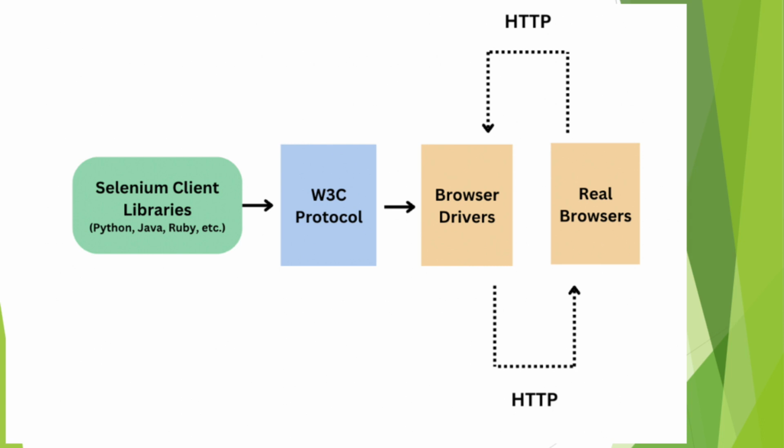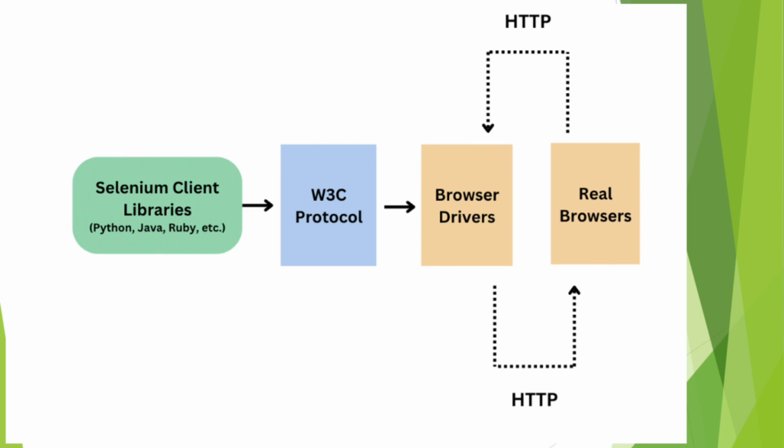Whatever is generated in step 1 will be sent to the server, meaning the browser driver. So what is a browser driver? We have written the code, which we call the client, and that reaches our server, which we call the browser driver.